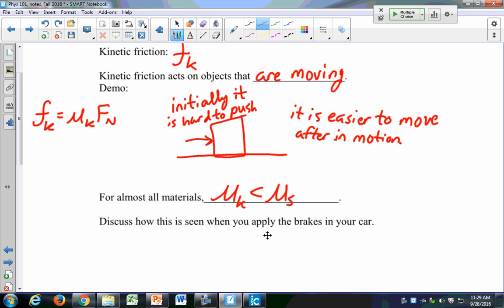When the rotor's turning, what kind of friction is that? That's kinetic friction. Then, as the wheels slow down, at the moment they stop, the friction goes from kinetic to static. Because there's a difference in the force between kinetic and static friction, you get that jerking motion.